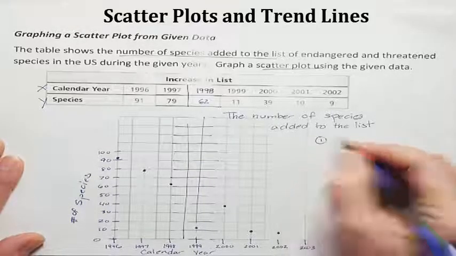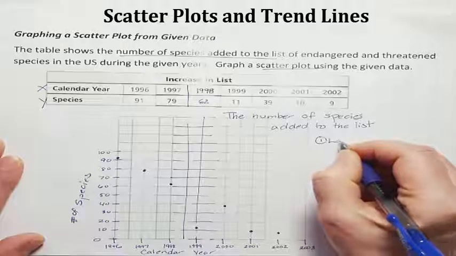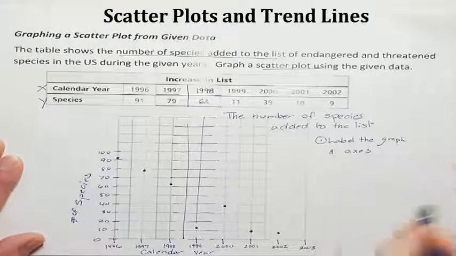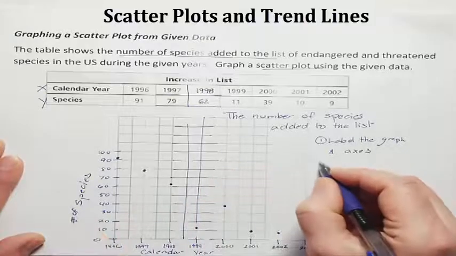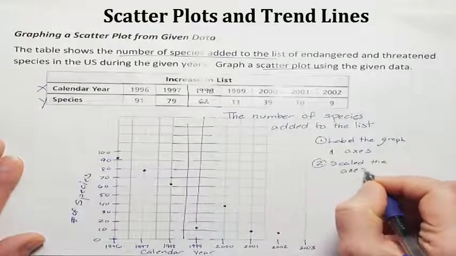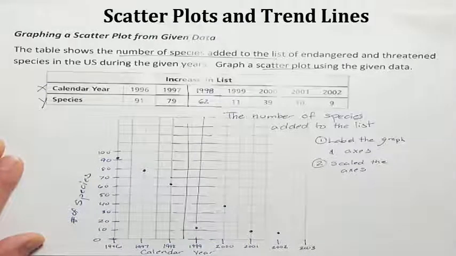So what is the first thing that we did? The first thing we did was we labeled the graph and the axes. After we labeled all of our parts, the next thing that we did is that we scaled our axes. Now, one thing about the axes, you need to be very careful when you're scaling. The numbers need to be the same each time. On my x, I was always counting by 1.